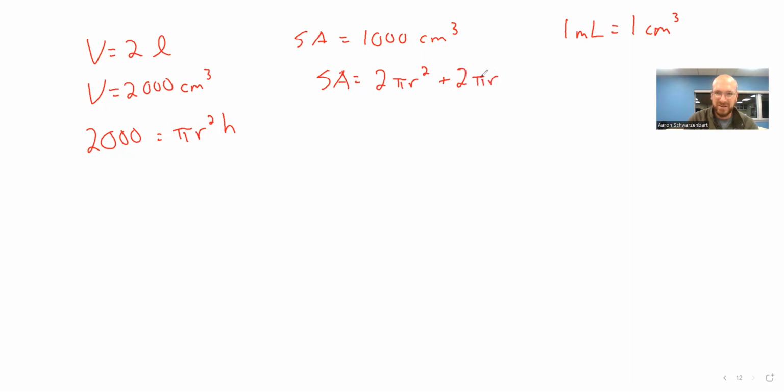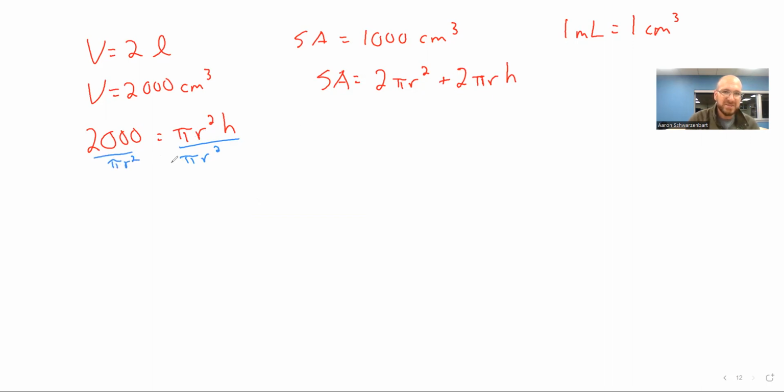I want to keep it in terms of r. I don't want to use d. H. And I am trying to, well, I just want to find when it equals 1,000 for surface area. So here I'm going to take my volume and I'm going to get rid of H. So I'll divide by pi r squared.